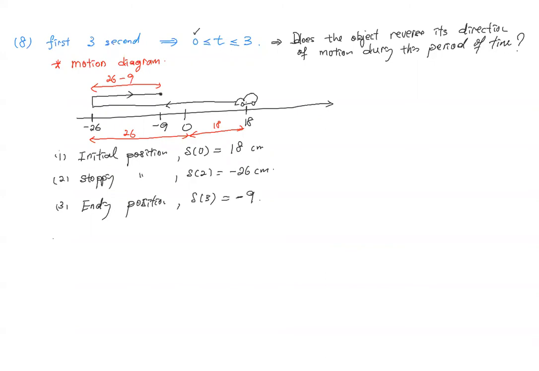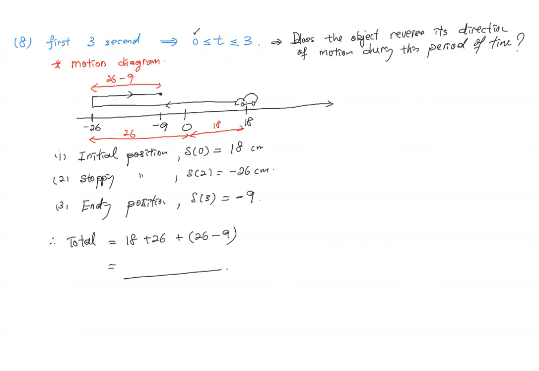So therefore, the total distance traveled will be 18 plus 26 plus 26 minus 9. Then you get the answer. Are you okay? You don't have to put absolute value or whatsoever. Just look at the diagram, then you will know. So this is a much easier way.